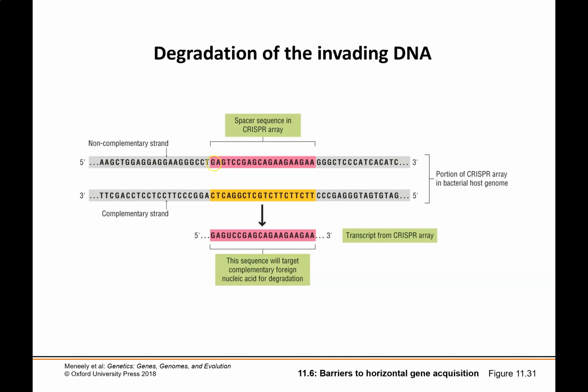It's been incorporated in as a sequence in our CRISPR sequence region. And we are going to use that region to make a double-stranded DNA molecule. So now, if this region is transcribed, it can be used to recognize that foreign nucleic acid that's come in, that foreign viral DNA or foreign DNA from another source, and actually recognize the complementary sequence to that original virus that infected it.